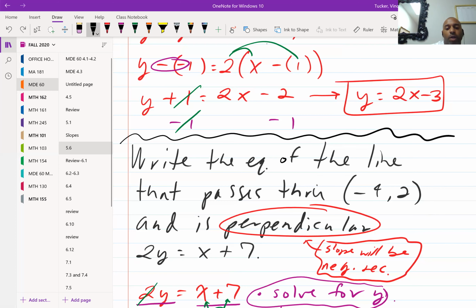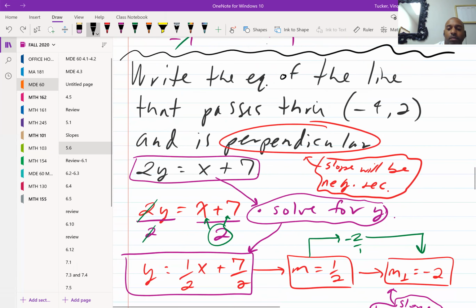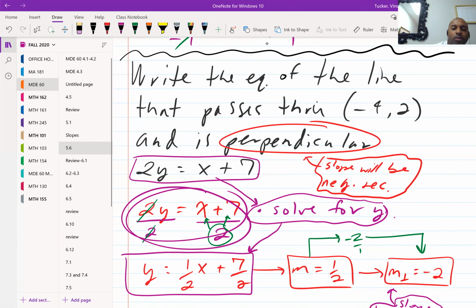So we're going to take the equation that they gave us and solve it for y. In this case, all we had to do was divide by 2. And that gives us what's in the purple box, y equal to 1/2 x plus 7 over 2.